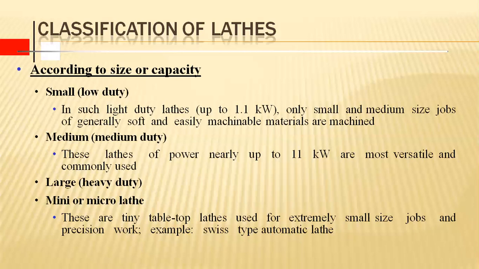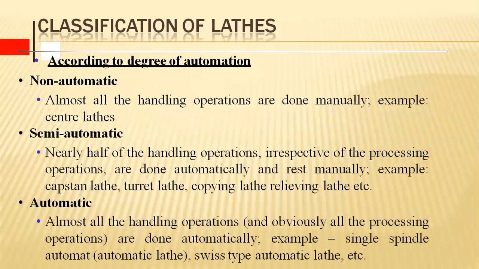Medium is 11 kilowatt, and large is greater than 11 kilowatt. In the case of mini and micro, small parts of extremely small size are handled, for precision and its dimensions.